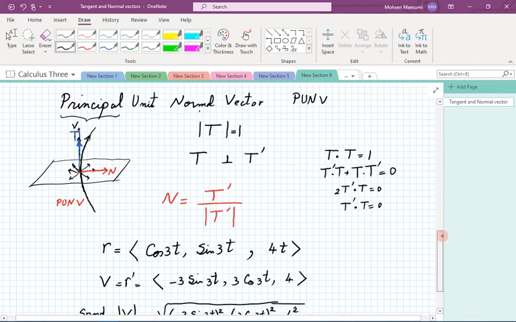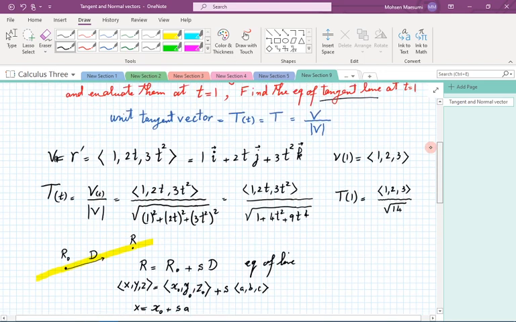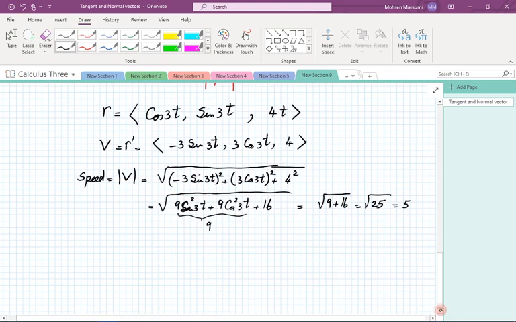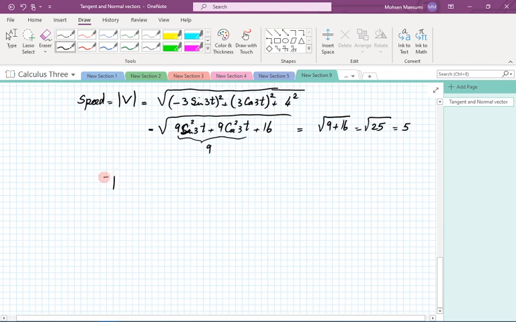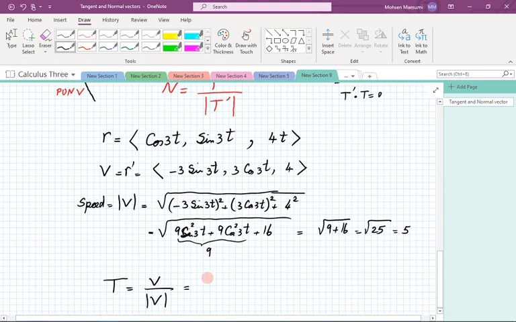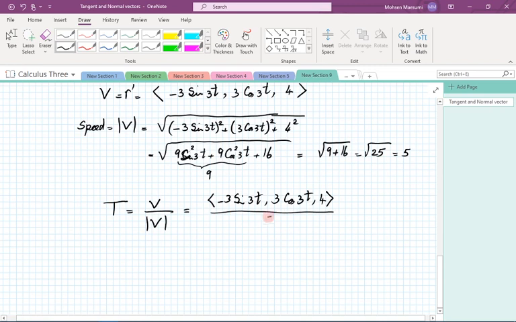Then what did we say T is? T is normalized velocity. So velocity divided by speed is T. So our velocity was this, our speed is that, ratio of the two of them: minus 3 sine of 3t, 3 cosine of 3t, and 4, divided by the speed.